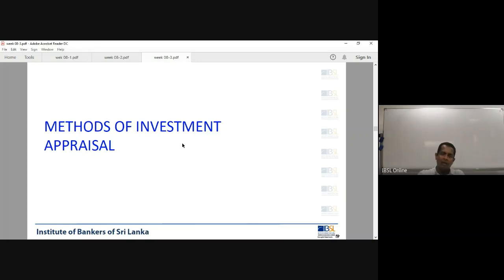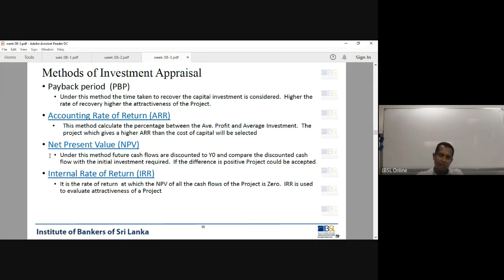So what we learned last time is the payback period. We have 4 investment appraisal techniques. We discussed the payback period, right? What is the time taken to recover the initial investment?